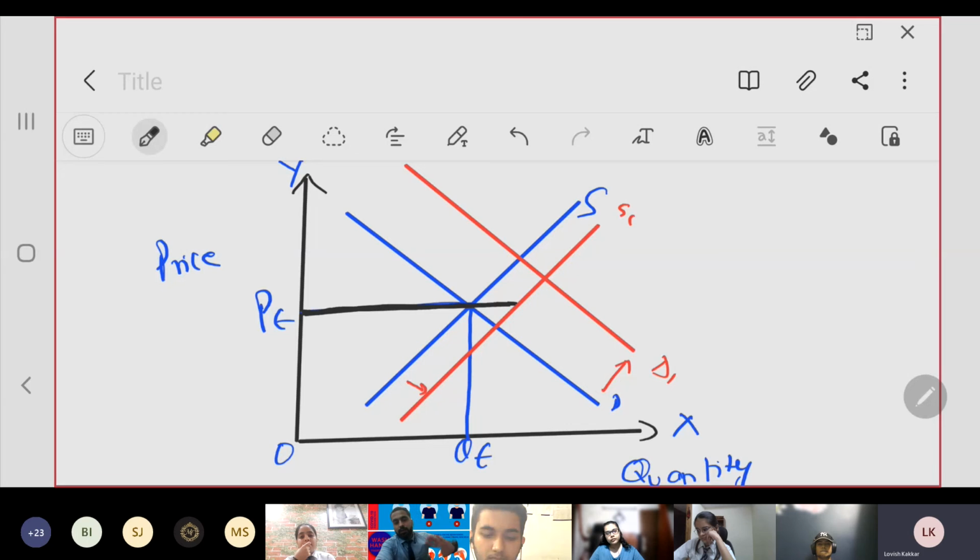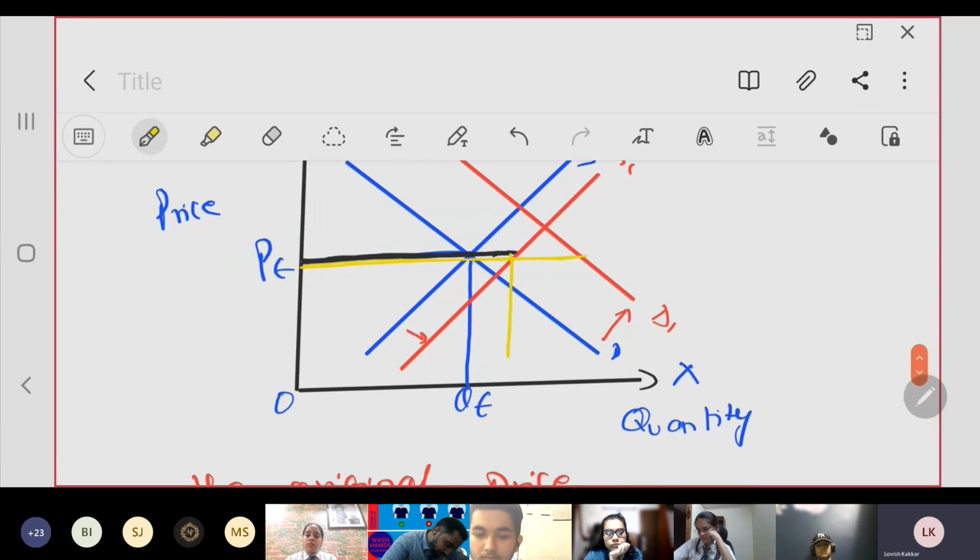Now I do not care about the previous demand and supply curve. The new demand curve, the red ones, exist for me now. So this is the new supply, and this price line is meeting the demand curve here. So this is the new demand. So the yellow portion is the demand and the black portion is the supply.